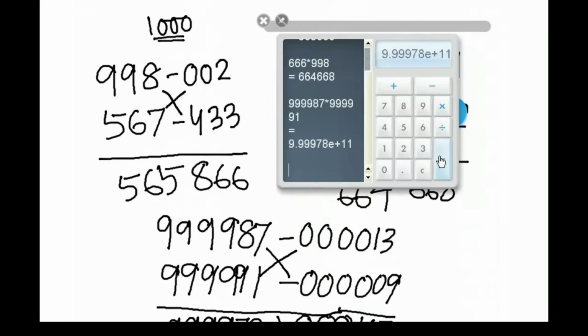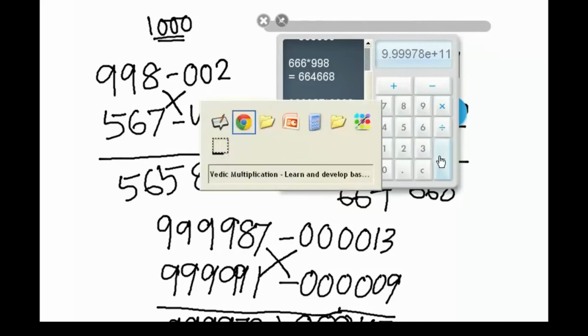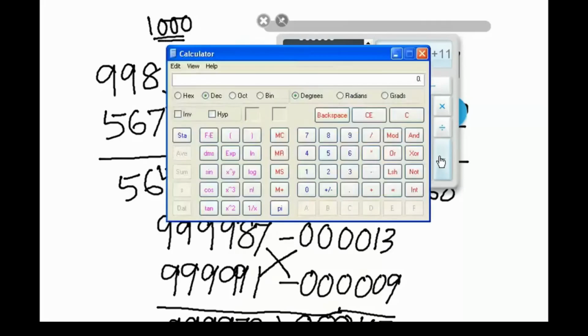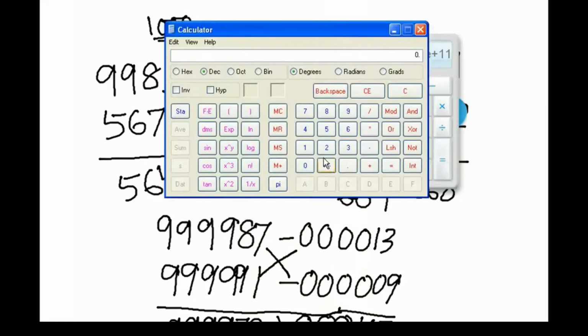This calculator has given up, that I cannot calculate it. Let's check out in another calculator. The numbers of 4 nines 87 into 5 nines 1.